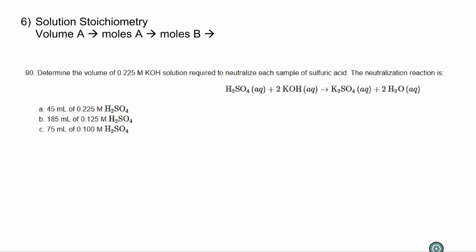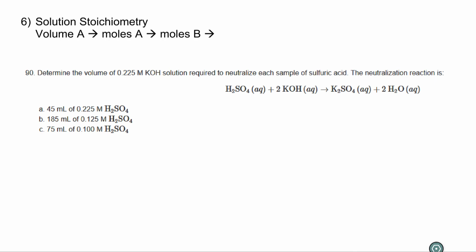Another aspect that we have to deal with is how do you use molarity in solution stoichiometry. And the pattern is very similar. Remember, if you have grams, then you go to moles of something, to something else, and then to whatever the quantity is they're asking for in the problem.